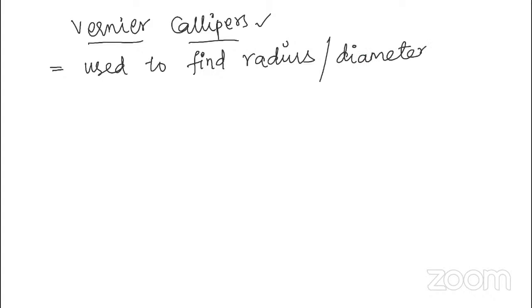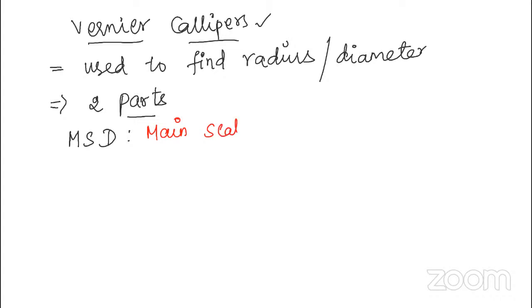So here it is having two important parts in the apparatus. That is MSD. What is that MSD? It is main scale division, main scale reading.